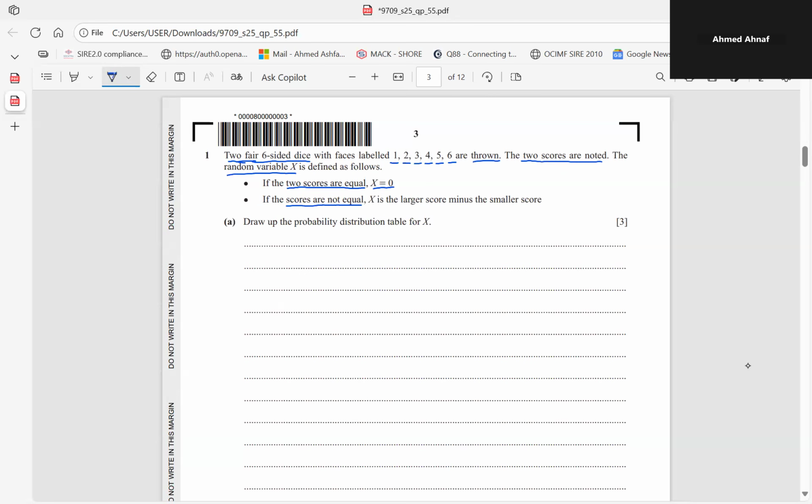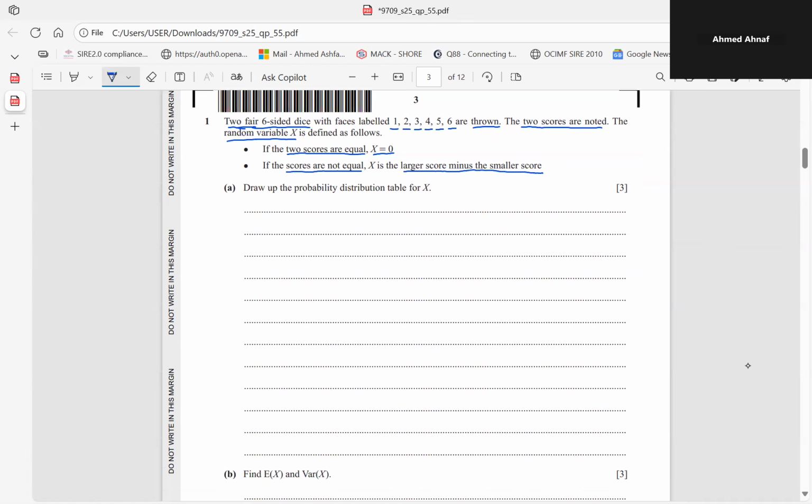And if they're not equal, then X is the larger score minus the smaller score. So you can think of this as the absolute difference between the scores obtained. For the first part, we have to draw up the probability distribution table for X.